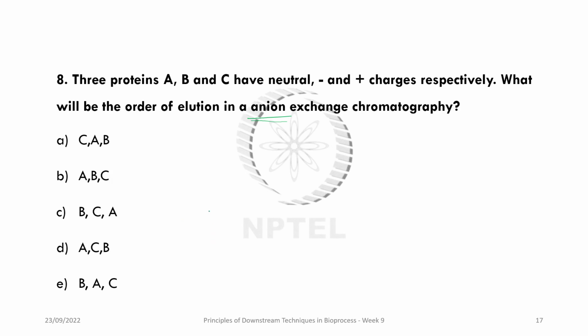Okay, so when you're having anion exchange chromatography, anions are going to be exchanged. Cations are positive, anions are negative, right? So if anions have to be exchanged, the matrix has to have positively charged species, correct? So this is present in the column itself.